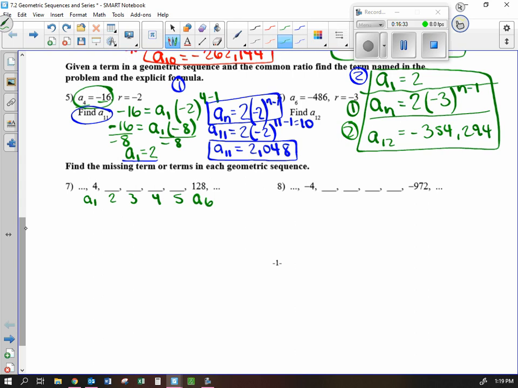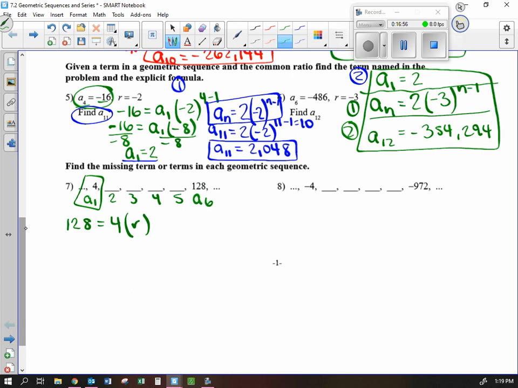So we're going to use our explicit form again, using our a sub 6 value. Our a sub 6 value is going to be 128, equals our a sub 1 value, which is 4, times r, what we're finding.